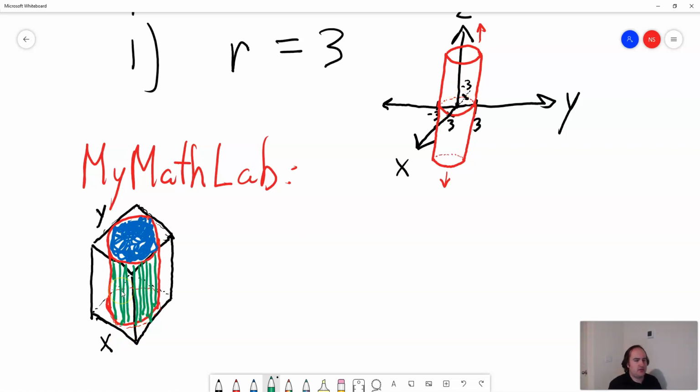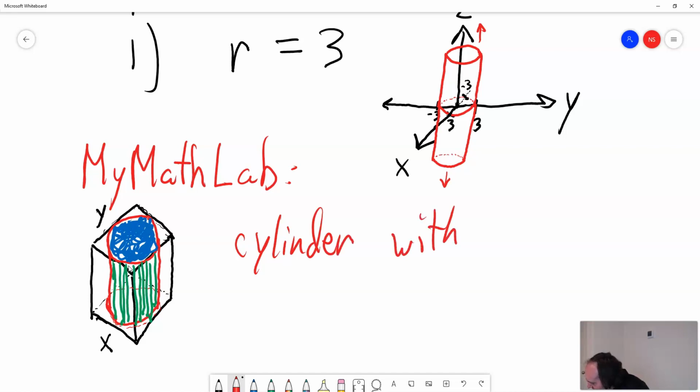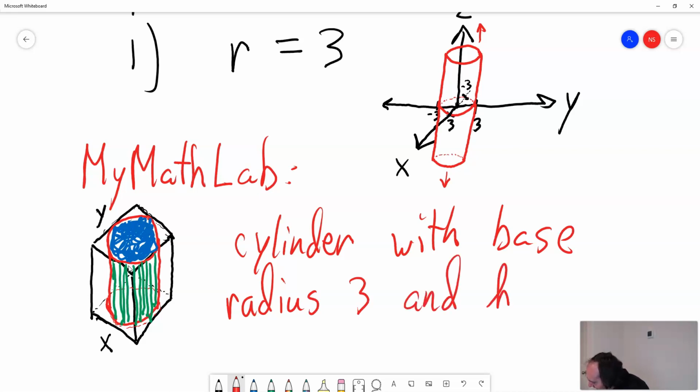It's just that the axes are rotated. But it's still going to have the same shape. So it's still going to be a cylinder with base radius 3, and height z. That's really what we're sketching here in both of these pictures.